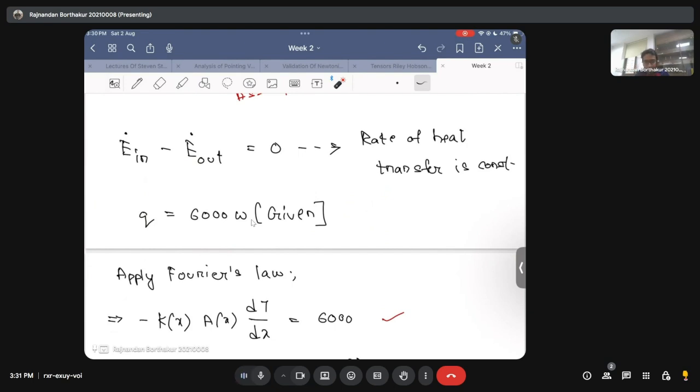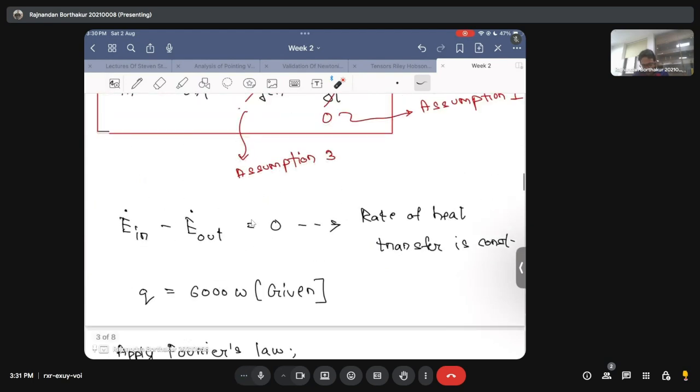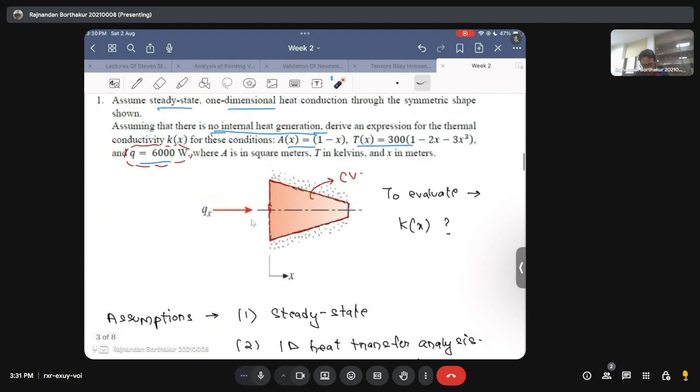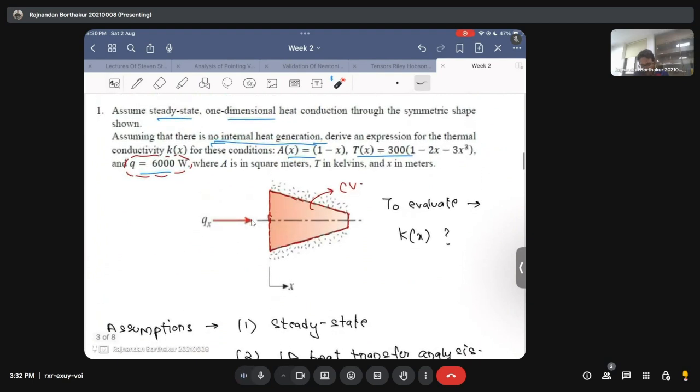Okay, and that's the reason why you always need to start off with the same procedure that I just showed in this exercise. All right, so I'll stop here for a couple of minutes. If you have any questions, you can ask, or else we will move along to the next problem. Okay.